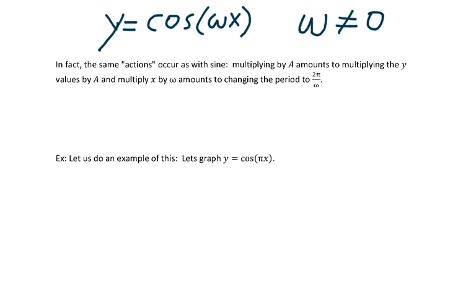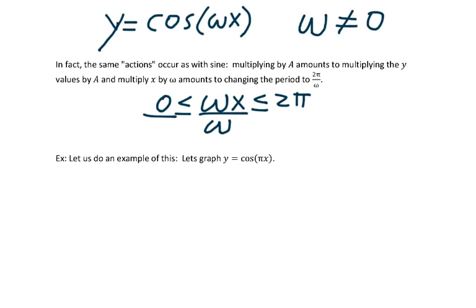Basically, what we have is 0 less than or equal to omega times x less than or equal to 2 pi, right? And so just like before, we want x in the middle. We want to know what x is doing. Okay, so how do we do that? We divide by omega.